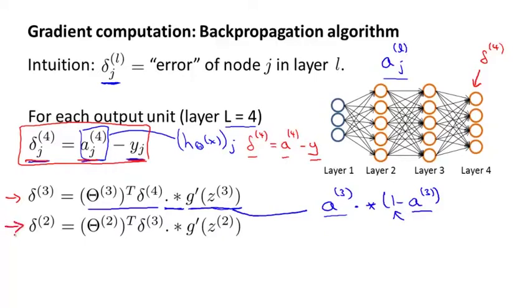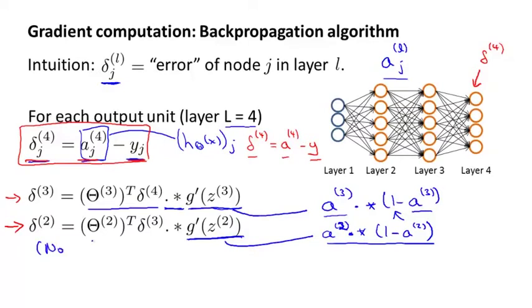Next, you apply a similar formula to compute delta 2, only now it is a2, like so. And I didn't prove it here, but it's possible to prove, if you know calculus, that this expression is mathematically equal to the derivative of the activation function g, which I'm denoting by g prime.